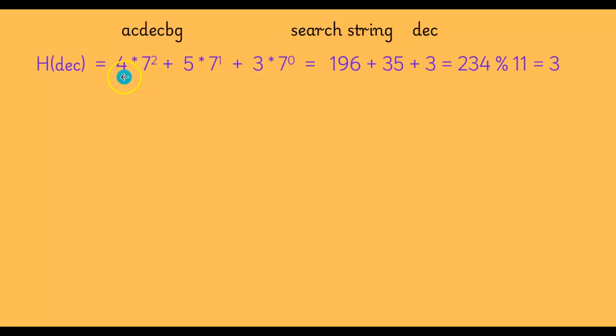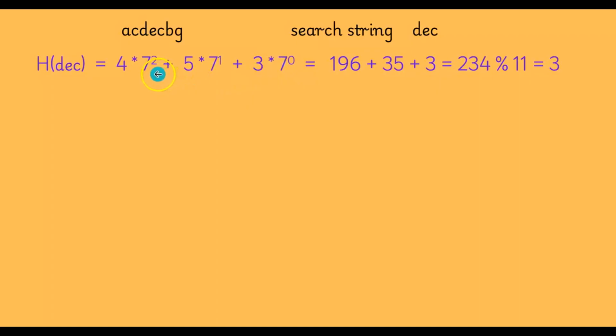We apply the formula we discussed earlier: 4 into 7 square. How does this 2 come? Because the length of the string is 3, so we start with 0, 1, 2. So the value for D is 4, for E is 5 and for C is 3.